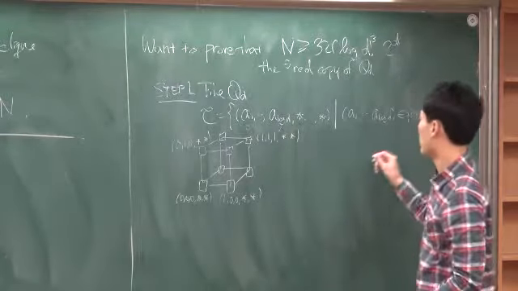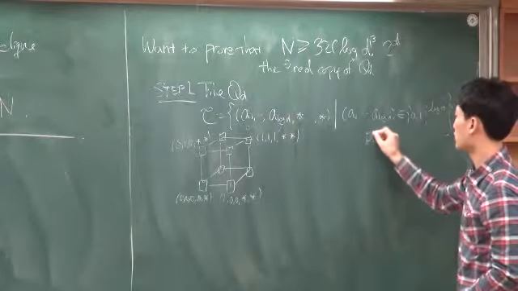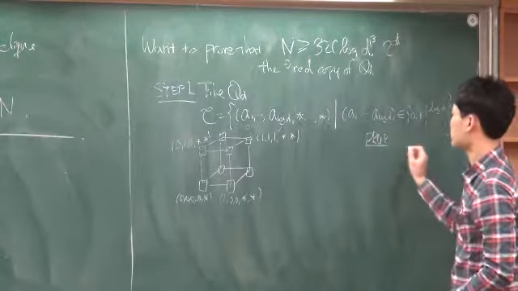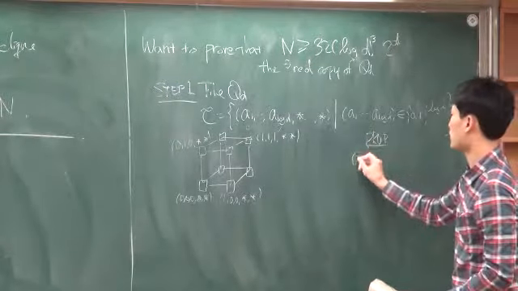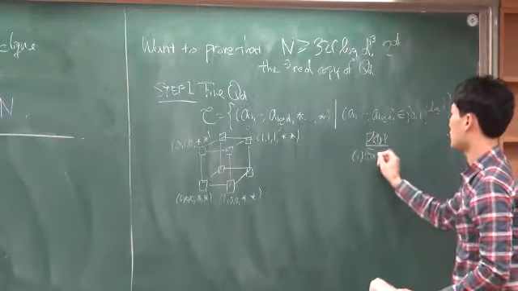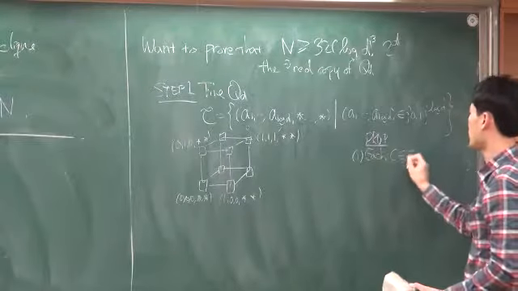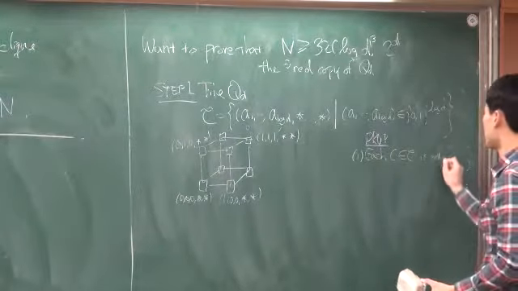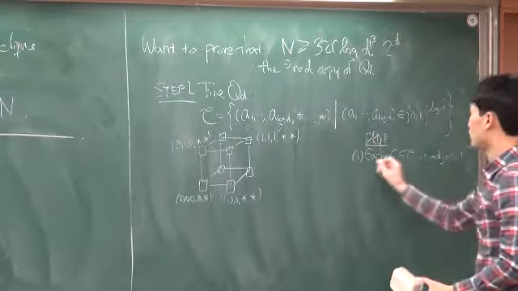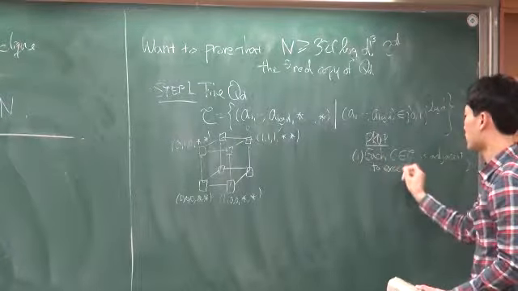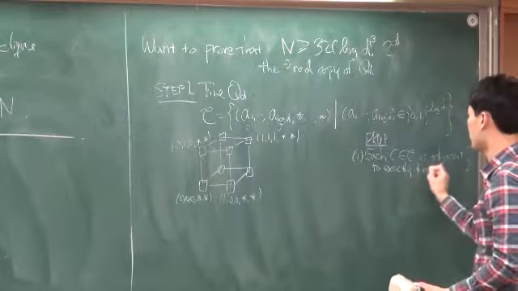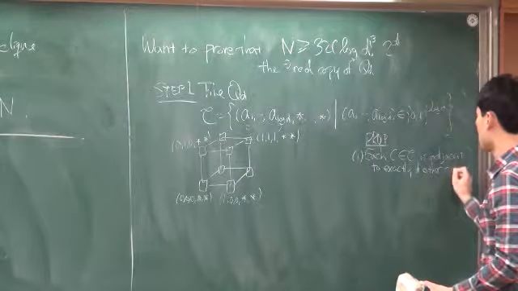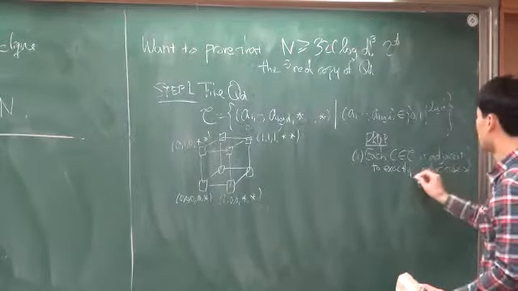And then what is the property? First, each cube in the family is adjacent to exactly log d other cubes.